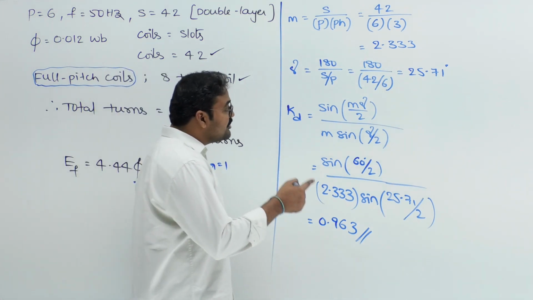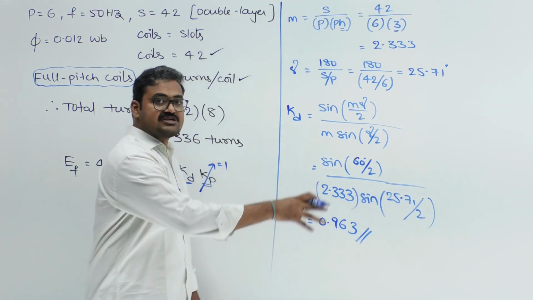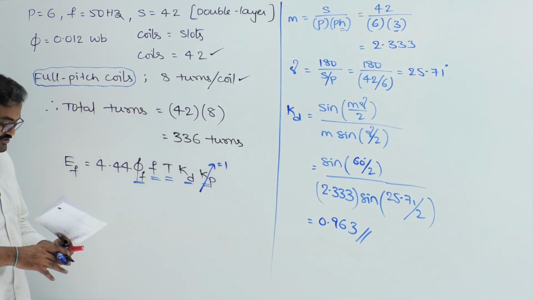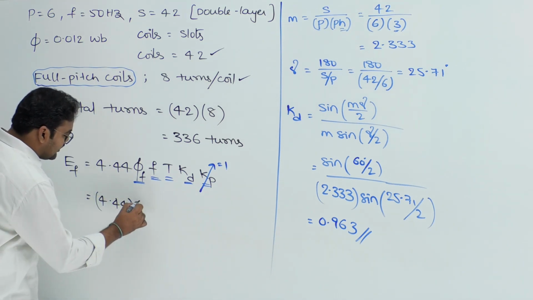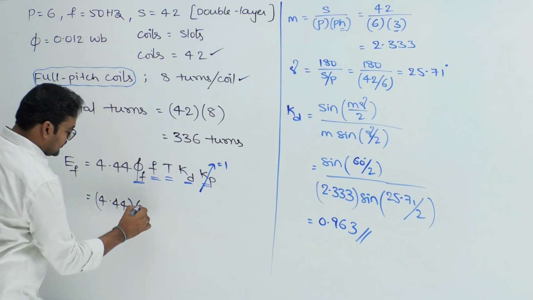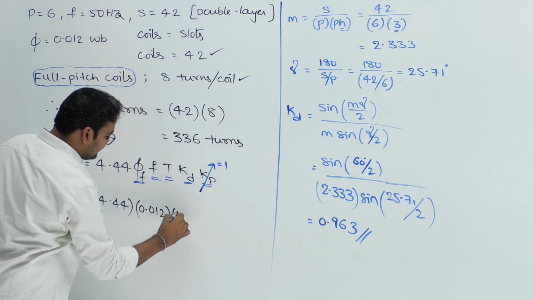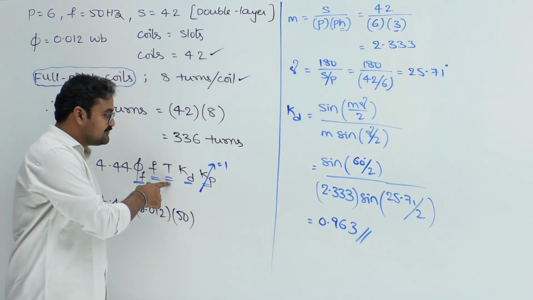Don't forget, I am doing it for 3 phases. Now substitute that distribution factor in the formula of induced EMF. 4.44 into flux per pole 0.012, frequency 50 Hz. Now this is number of turns per phase.